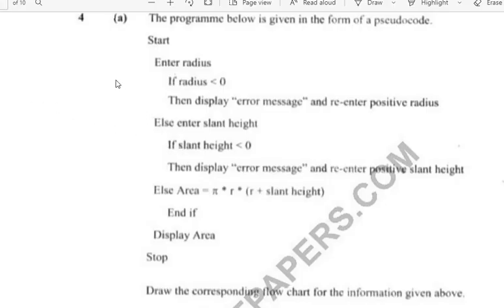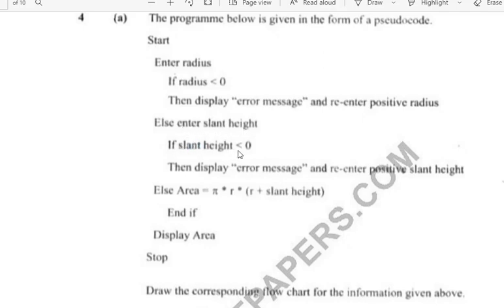So here's our question 4. Question 4 says the program below is given in the form of a pseudocode. We've got start, we've got enter radius, if radius is less than 0, then display error message and re-enter positive radius, else enter slant height.